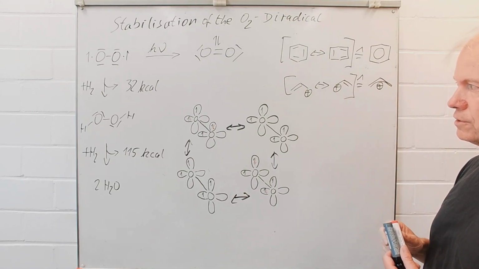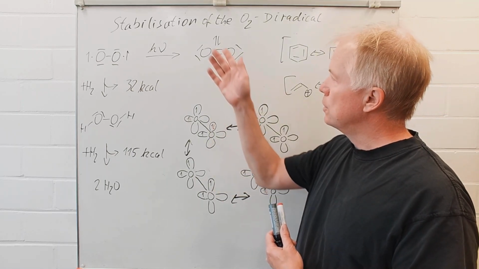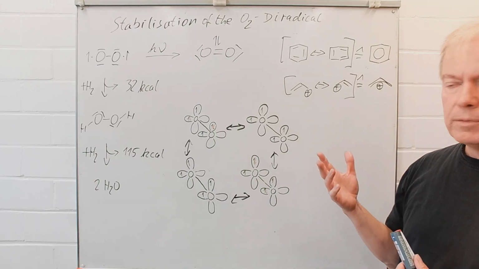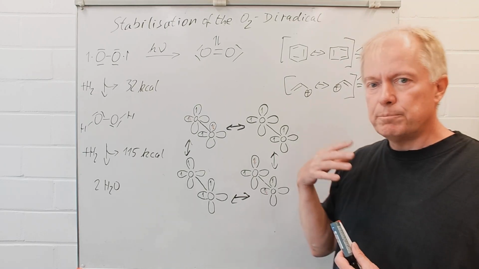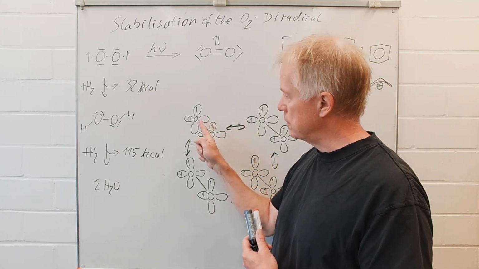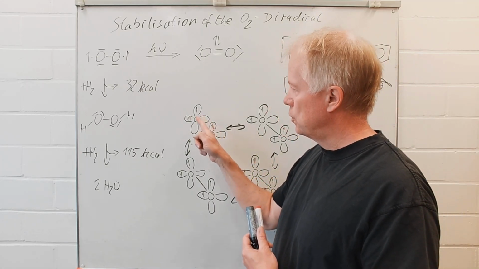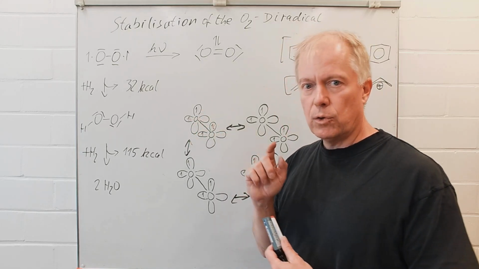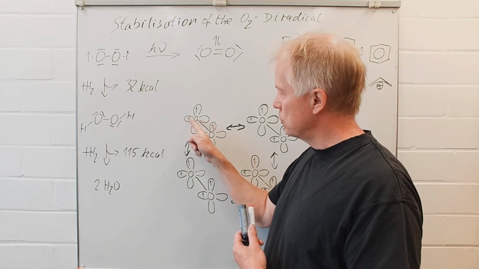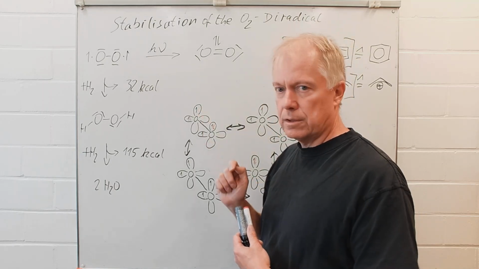To visualize the mesomeric stabilization of the oxygen diradical, we should assume having an sp hybridized molecule. That means at both oxygen atoms, two p-orbitals will remain, one completely occupied, the other one with the radical electron.